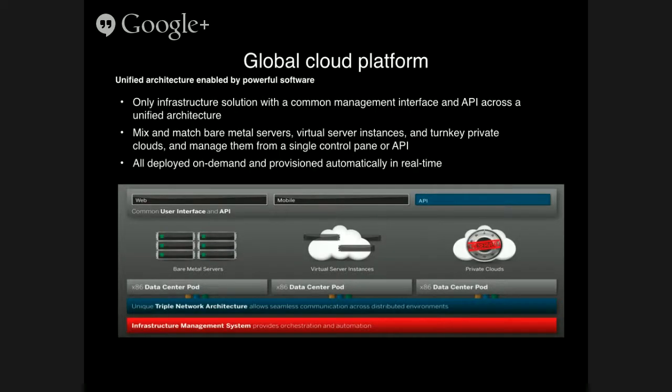We have 3 networks, which is pretty cool as well. The triple network architecture is the way our marketing guys like to say it. It's 3 bars, so that's our logo. Yeah, and so public, internet connection, private, so you have a routed back-end network, RFC 1918 addresses throughout all of our different data centers, so that way you can communicate privately between those data centers, between any of the servers that you own, and also we don't charge for that, so that's also a pretty big cool thing.